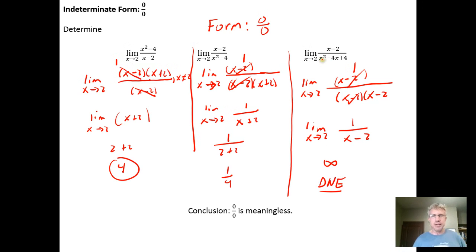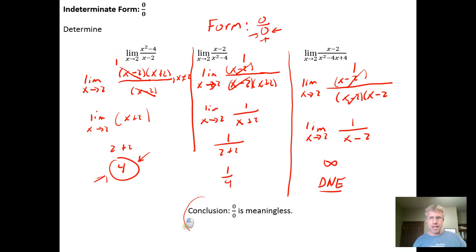So the idea here that we're trying to get at is even though each of these has the form 0 over 0, which means we actually can't plug 2 in because we get division by 0, which is undefined, each of these has the same form, but completely different limits.